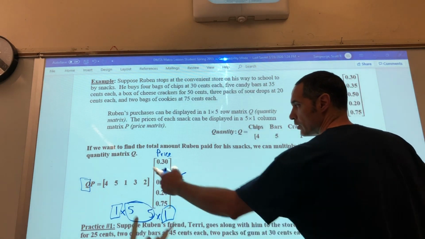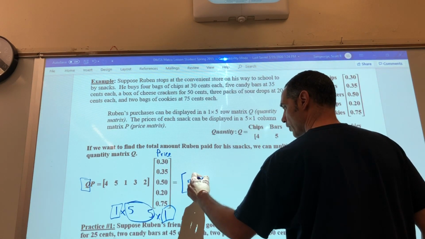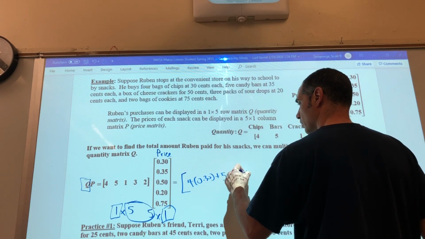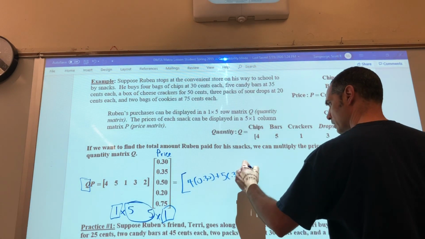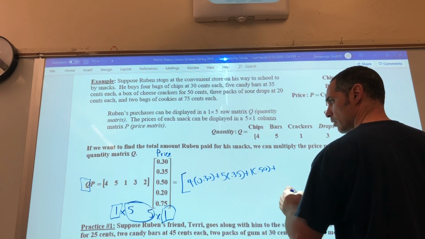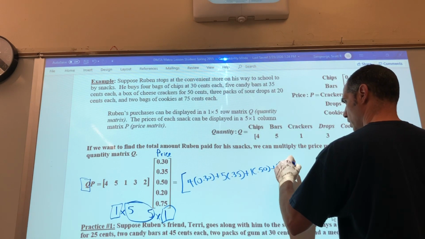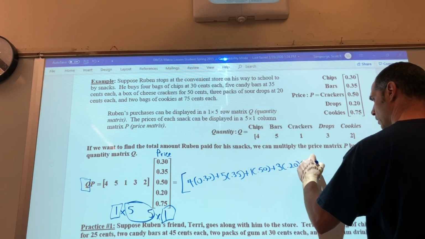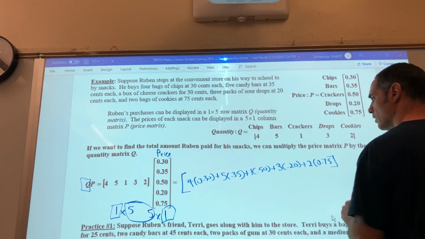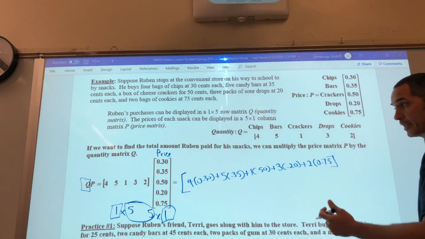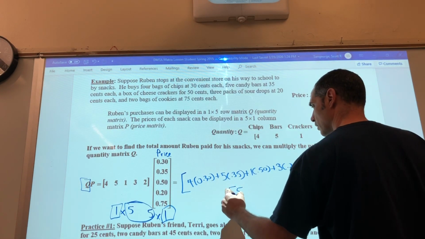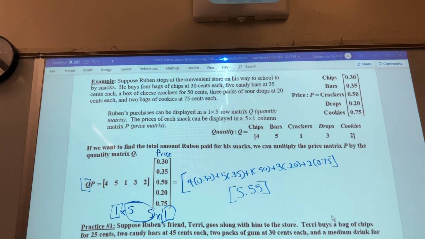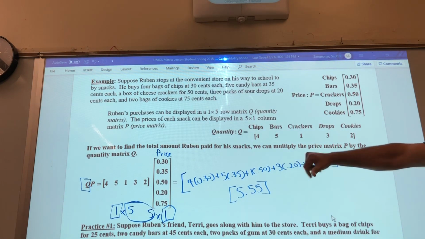So I'm going to multiply 4 times 30 plus 5 times 35 plus 1 times 50 plus 3 times 20 plus 2 times 0.75, and this will give us $5.55. You can check that in your calculator, but really the math here is more important.